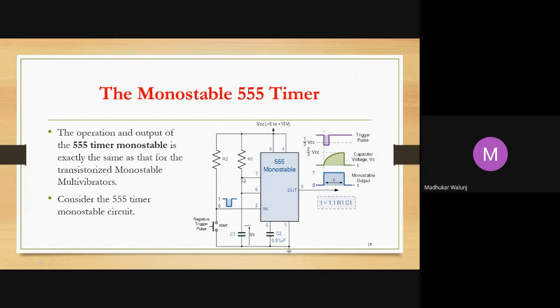Pin number 7, the discharge pin, is connected to R1 and finally to VCC. Pin 8 is always connected to VCC as the source of this timer. Pin number 4 is the reset terminal, which resets the flip-flop, and it is active low, that's why it is connected to VCC.